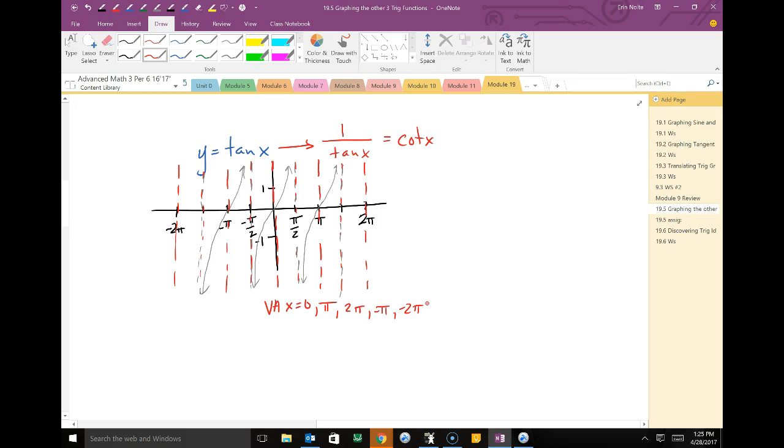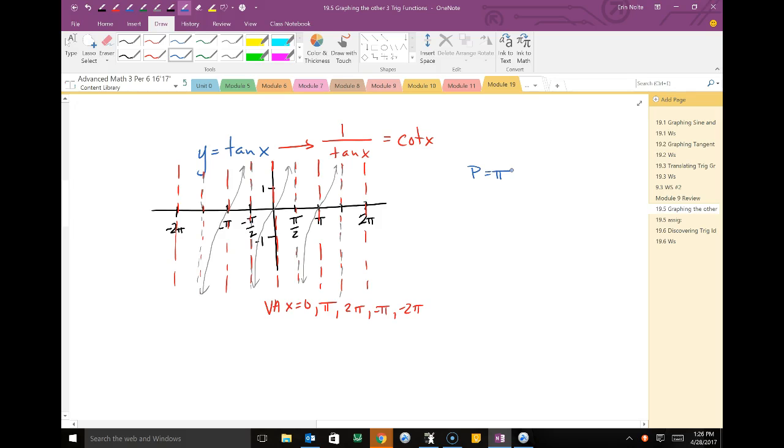So, did anybody notice something that I did here? I was kind of hoping that somebody would catch it, but did you notice that when I labeled my x-axis, I just went straight to 2 pi? And I didn't say, what's the period? Because what's the period of a tangent? Pi. Okay. So the period of a tangent is pi.